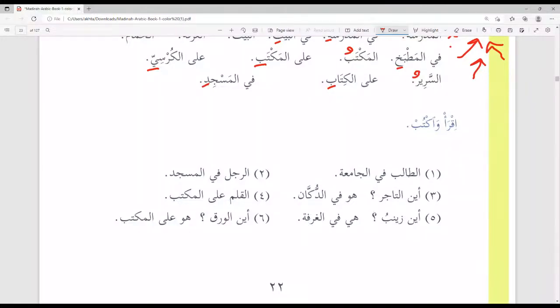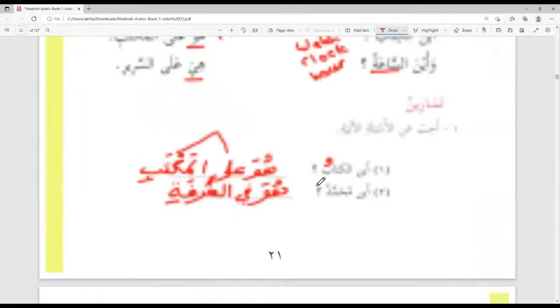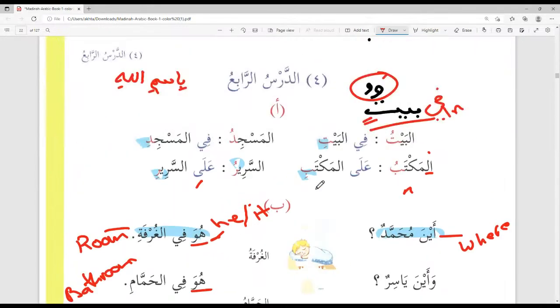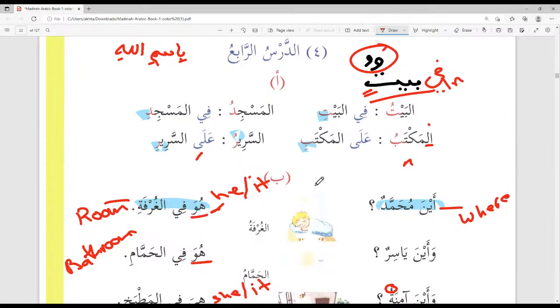ممتاز. Excellent. طيب, so as a quick recap, today all we need to know is fi and ala, their meanings: fi means in and ala means on, and that when they come before a noun, they change it from a dhamma to a kasra.